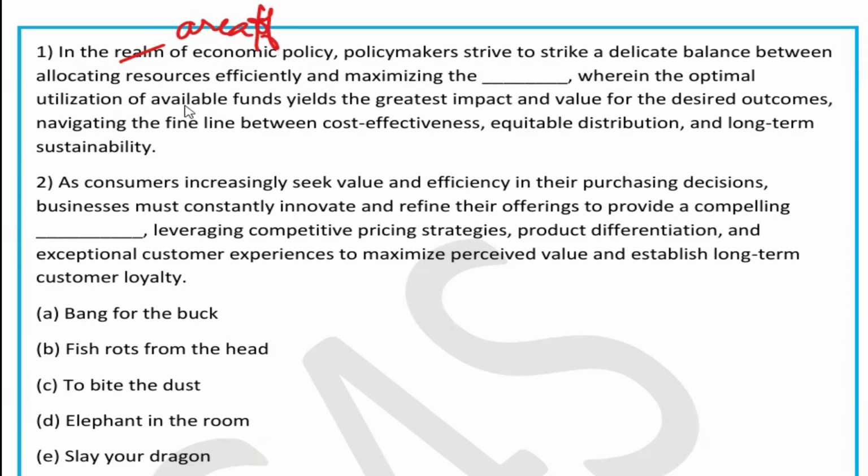Wherein the optimal, or the best, utilization of the available funds yields the greatest impact and value for the desired outcomes, the best outcomes, and it also navigates the fine line between cost effectiveness, equitable distribution, and long-term sustainability.